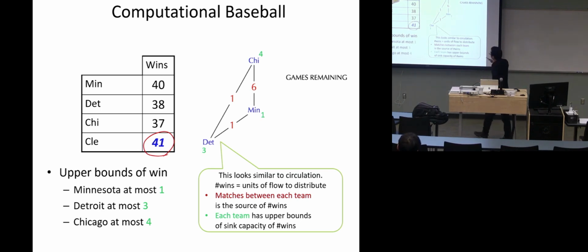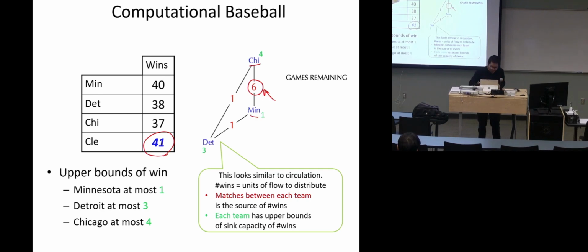This diagram now looks kind of similar to a circulation problem. Each of these remaining matches, you think of it as this number 6 here is like the number of wins remaining that need to be distributed somehow to Chicago or Minnesota.